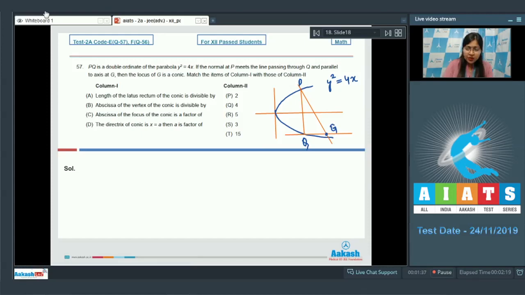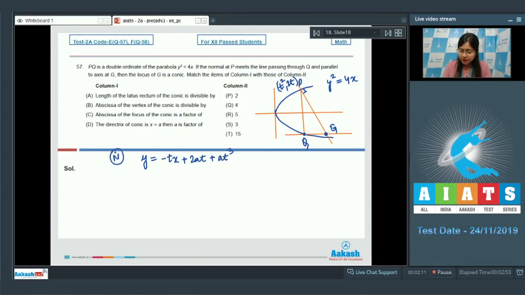So for G, it can be seen that the y coordinate of G is same as y coordinate of Q. So let us firstly write the equation of normal at (at^2, 2at), as a is 1 here, so we will write (t^2, 2t). So equation is y equal to minus tx plus 2at plus at^3. So this is the equation of normal.